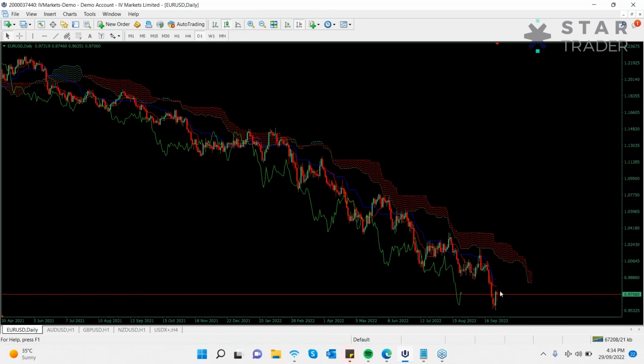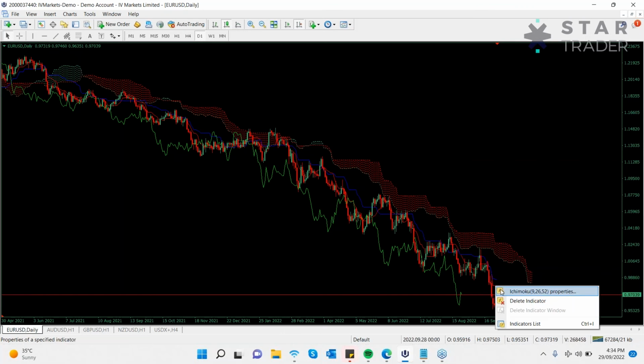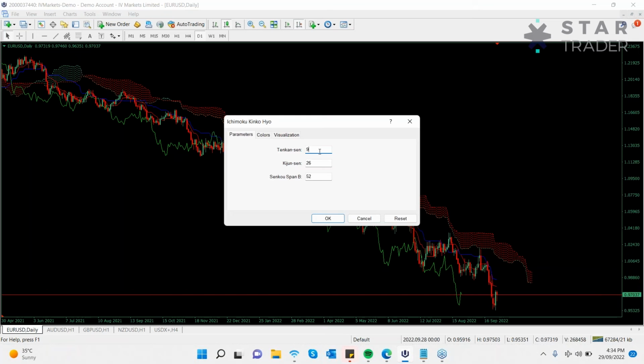As we spoke before, these are two baselines, Tenkan-sen and Kijun-sen. Tenkan-sen is basically a conversion line. The period of this Tenkan-sen is 9.